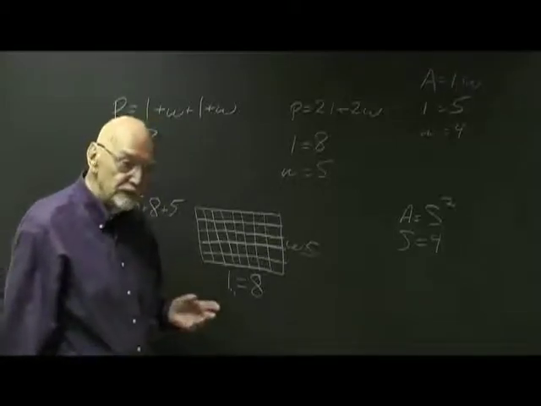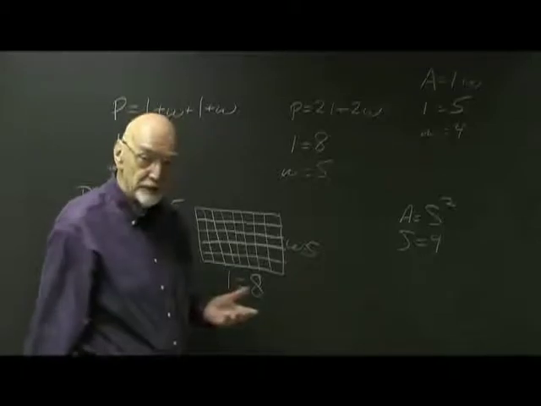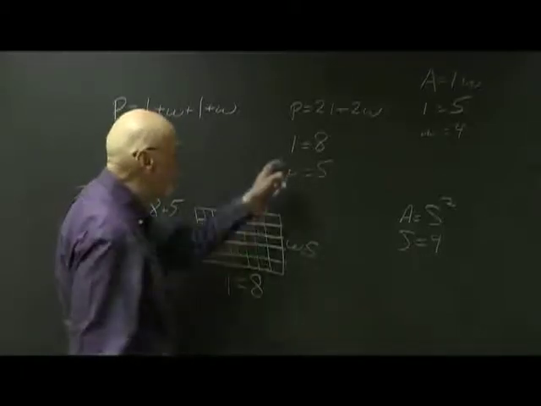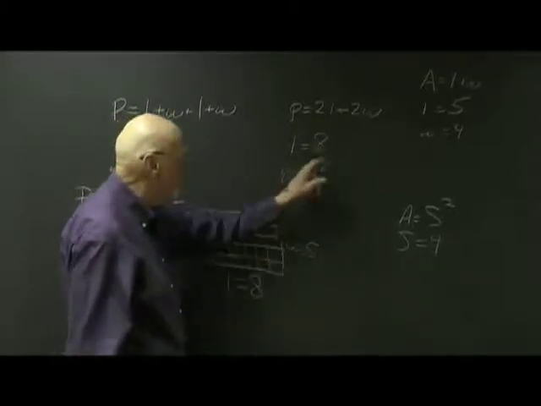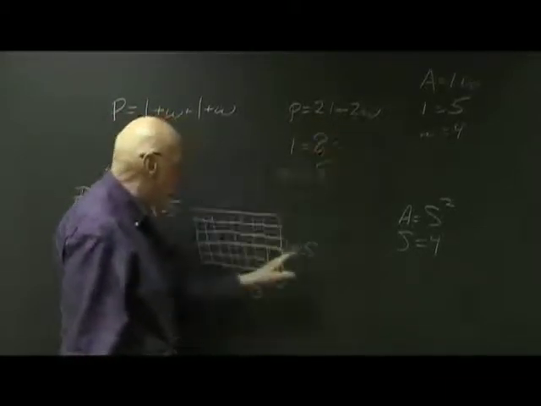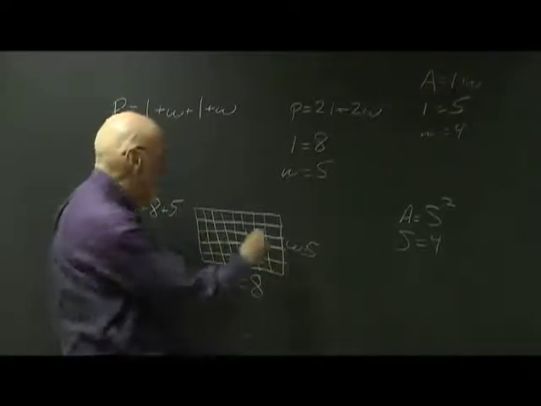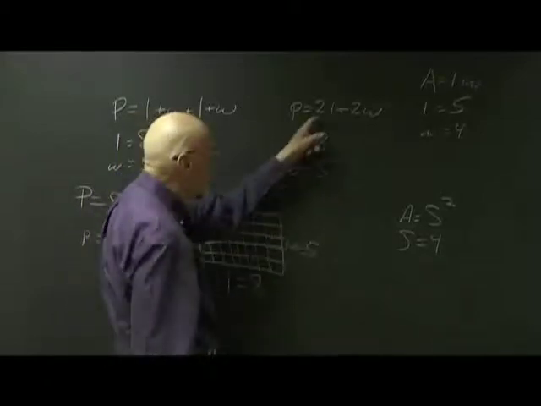There is a second formula for perimeter too. It gives you exactly the same answer. Perimeter equals 2 times the length plus 2 times the width. And it'll come out the same. So that one would look like this. Perimeter equals 2.